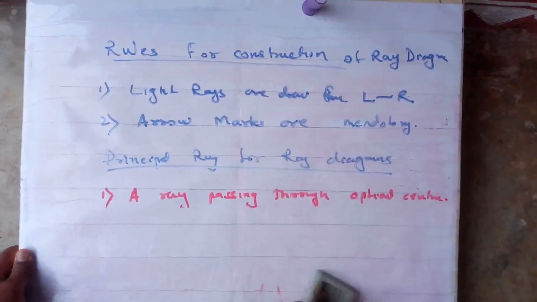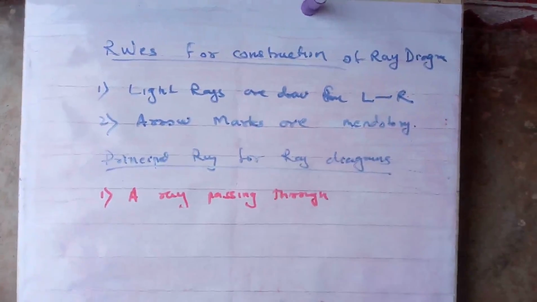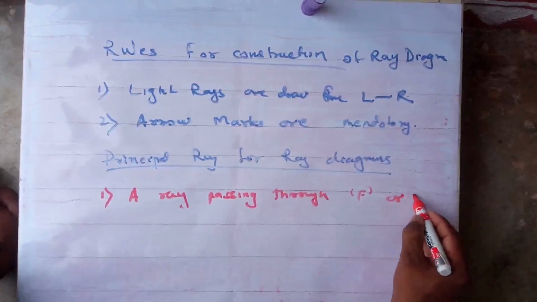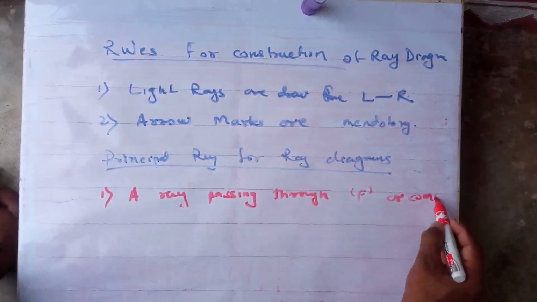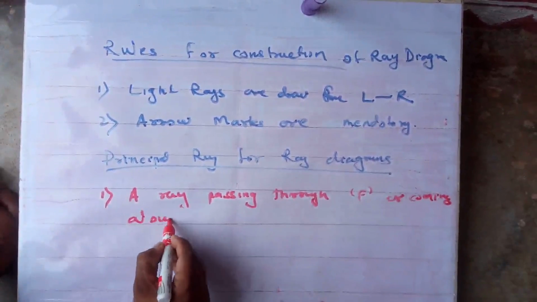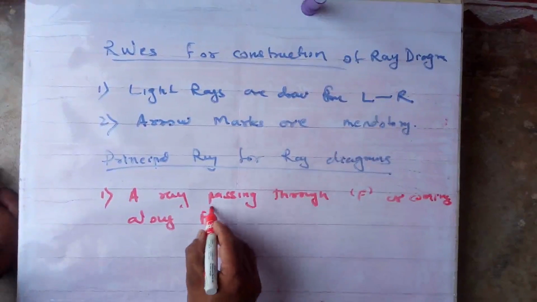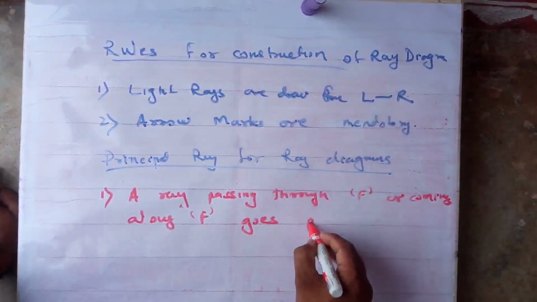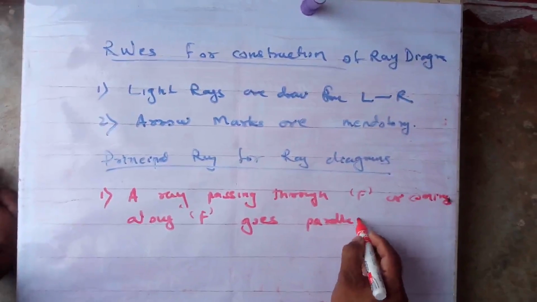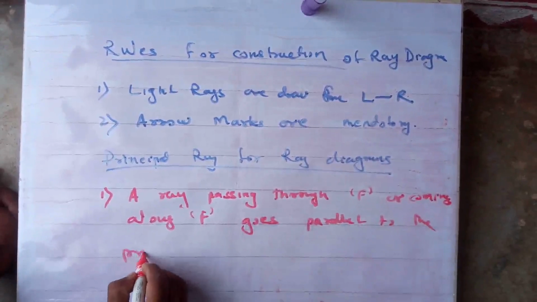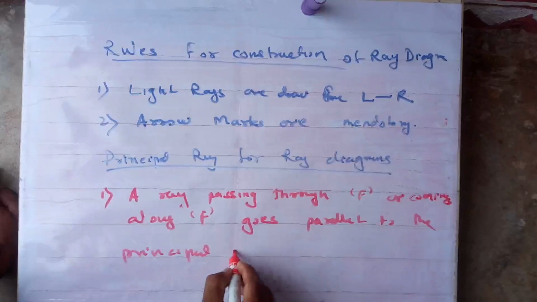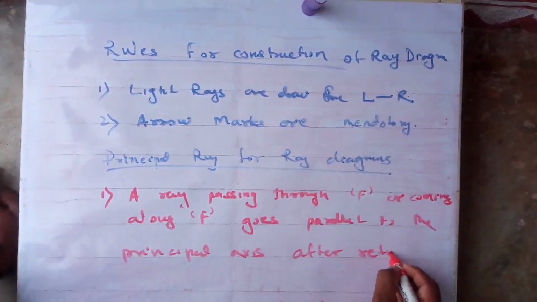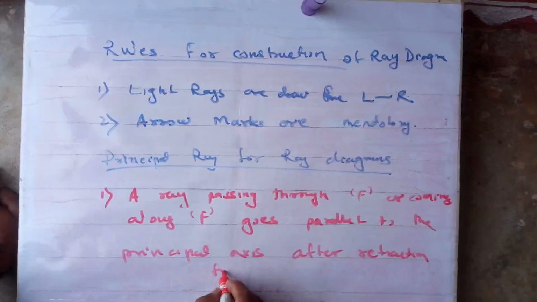Second is that a ray passing through F, or coming along F, goes parallel to the principal axis after refraction through the lens.